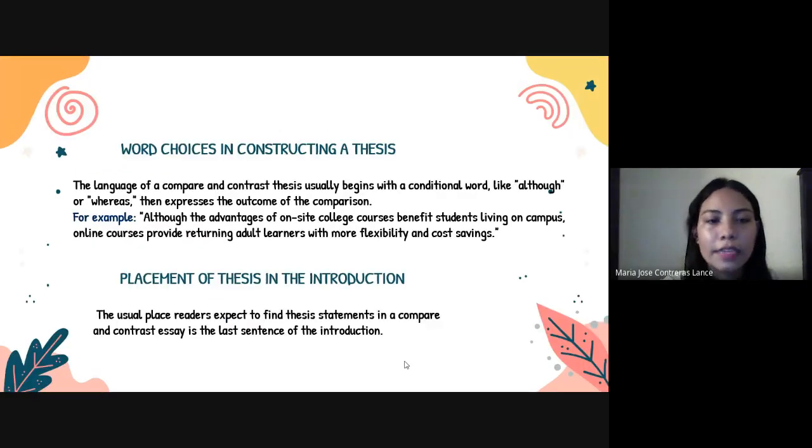And the third step is word choice in constructing a thesis. Here, the language for a compare and contrast thesis usually begins with a conditional word like although or whereas, because they express the outcome of the comparison essay. For example, although the advantages of on-site college courses benefit students living on campus, online courses provide returning adult learners with more flexibility and cost savings.